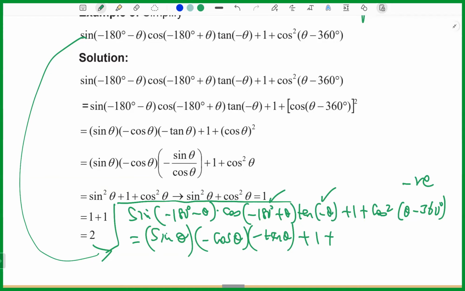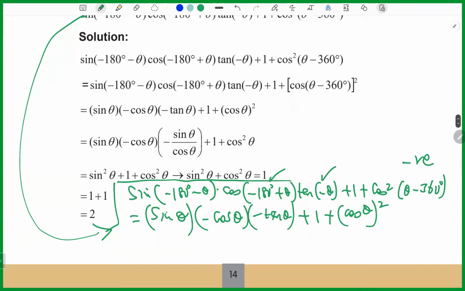We realize that it takes us to the first quadrant, where all ratios are positive, so it becomes just positive cosine squared.